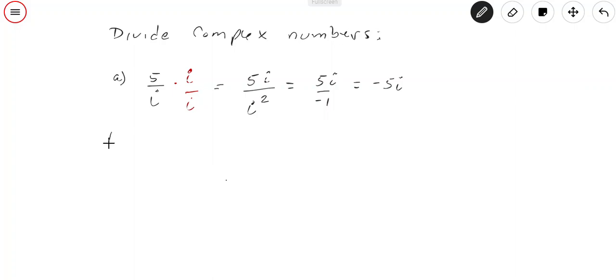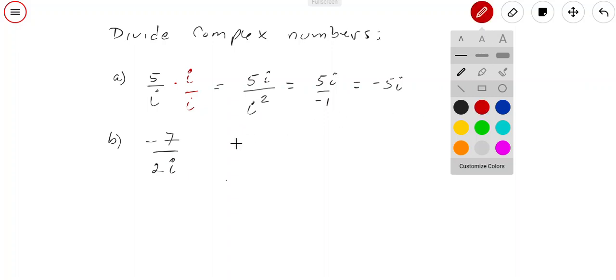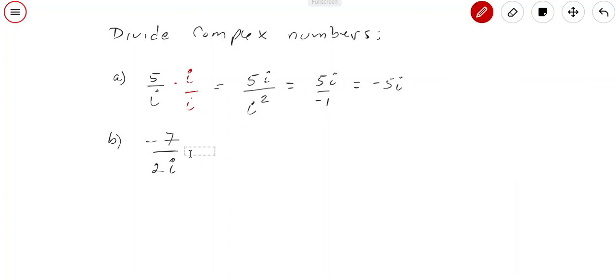Now, what happens if I have, for example, -7 over 2i? It's a pretty similar case. My denominator is just an imaginary part. I don't have any inconvenience just with this factor 2 in the denominator of the fraction. So my big deal here is about the i. So I'm going to do exactly the same thing that I did in the other case. I don't multiply the numerator and denominator by 2i over 2i.